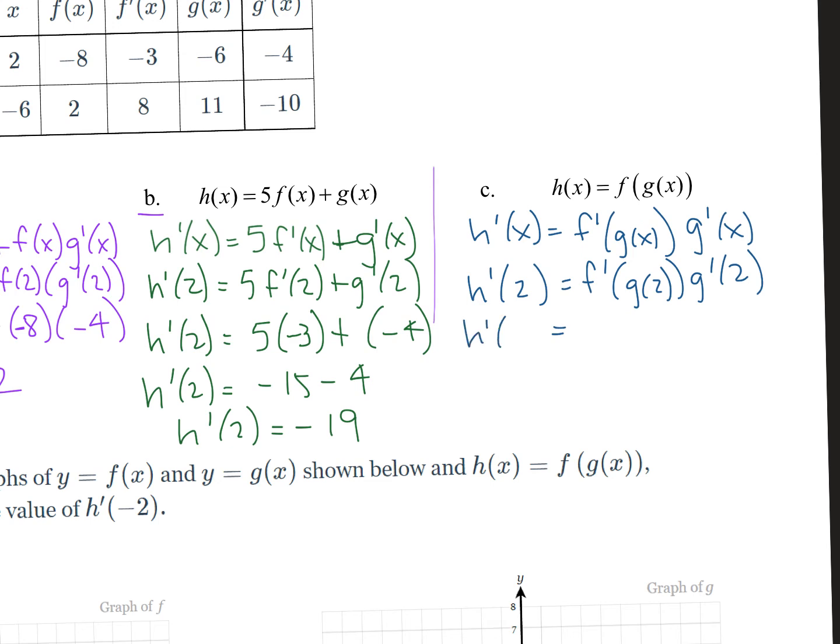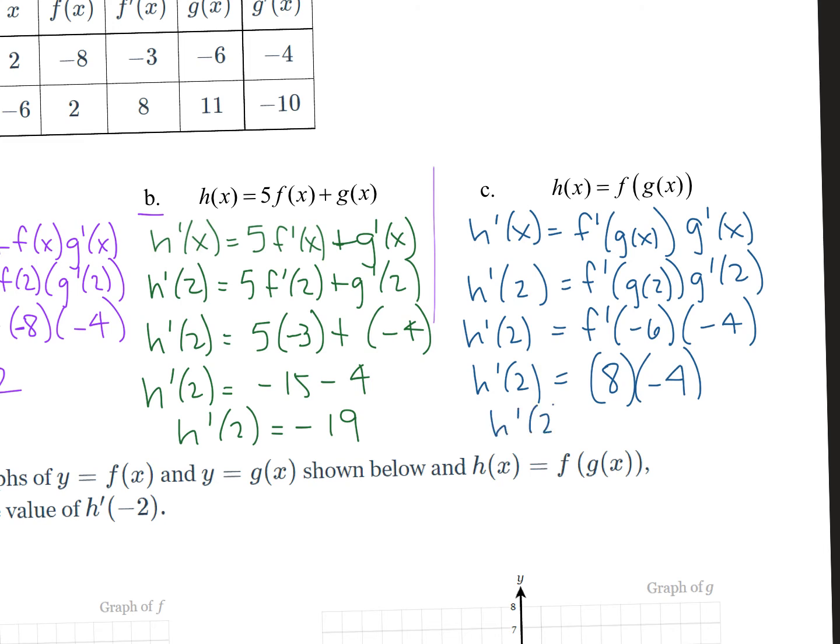So now I have f prime of, let's see, g of 2 is -6, and g prime of 2 is -4. Then I need to continue to evaluate. Again, that chart is coming in really handy, wouldn't you agree? f prime of -6 is 8 times -4. So again, using notation all the way down, I get h prime of 2 is -32.